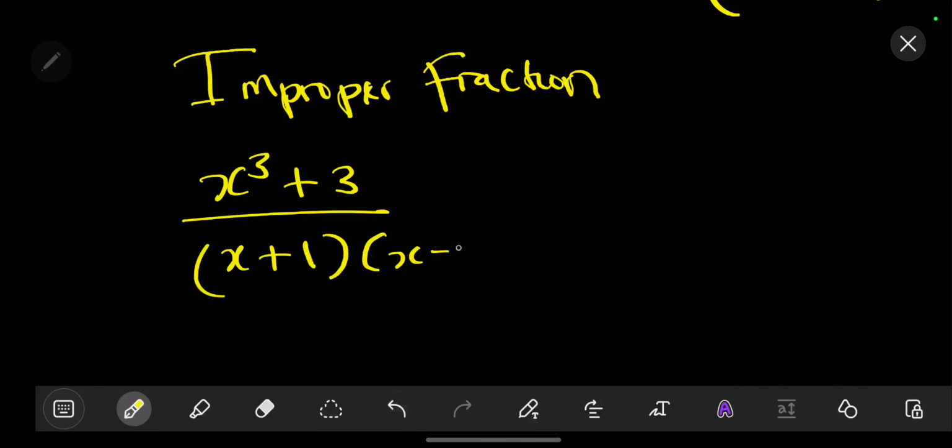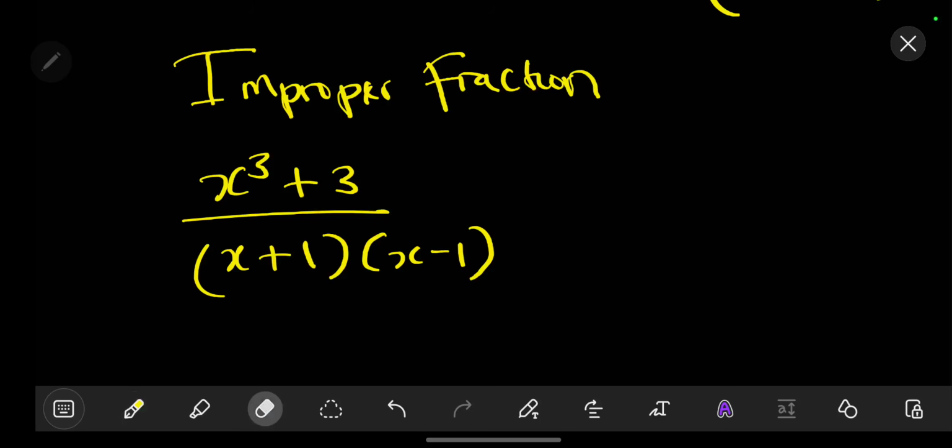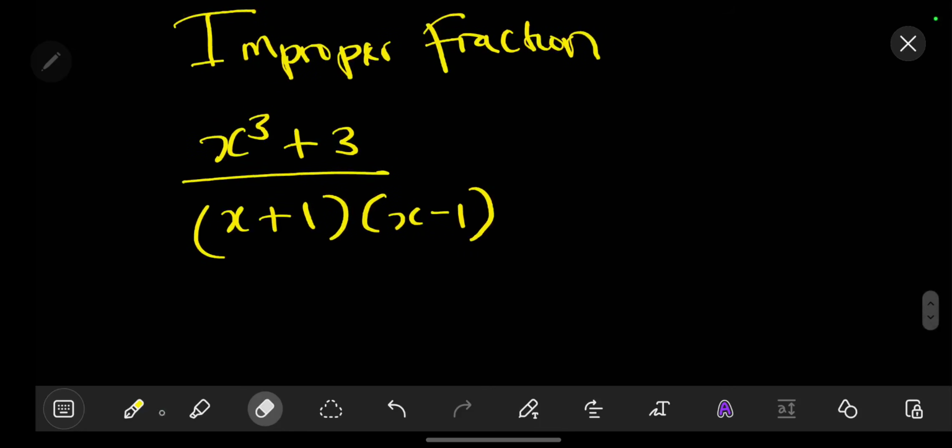Already you know that if you expand this, it will be a quadratic, which will give you the highest power to be x to the power 2. Now this already is a problem because the numerator has the highest power of 3, so it is improper. Each and every time you have an improper, don't get confused.